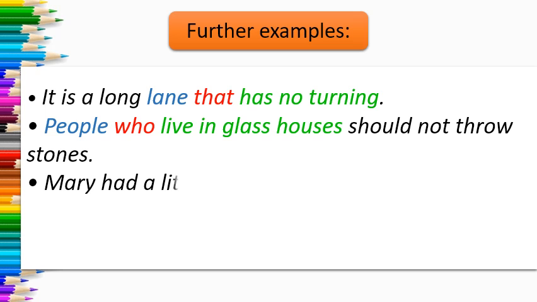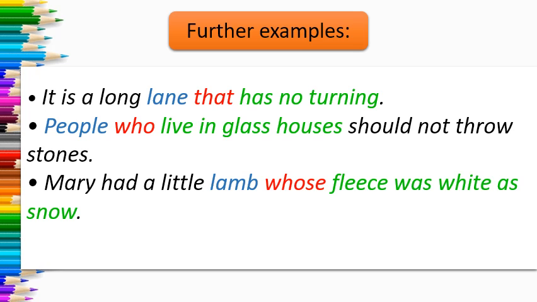Number 3, Mary had a little lamb whose fleece was white as snow. Again, the complete clause, whose fleece was white as snow, is an adjective clause because we are getting a noun just before the relative pronoun. So this complete clause is modifying the noun little lamb.